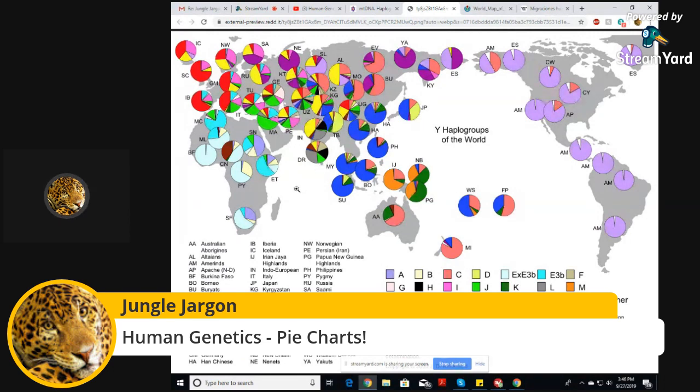I think it's the Dravidians in India and such, would be the H, and the G's are represented through Europe as well. And of course, there's I1 and I2, who are throughout Europe, of course, mixed in with the R population.